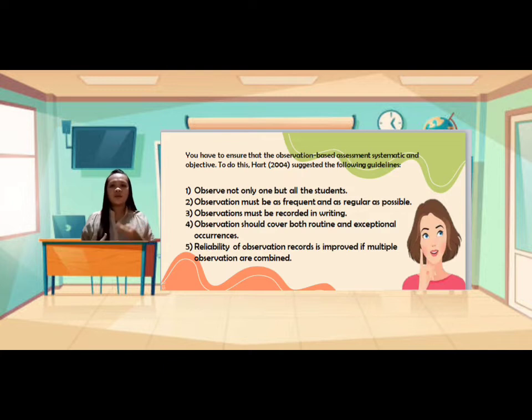Third, observations must be recorded in writing. Fourth, observations should cover both routine and exceptional occurrences. The fifth one is reliability of observations. Observation records are improved if multiple observations are combined.